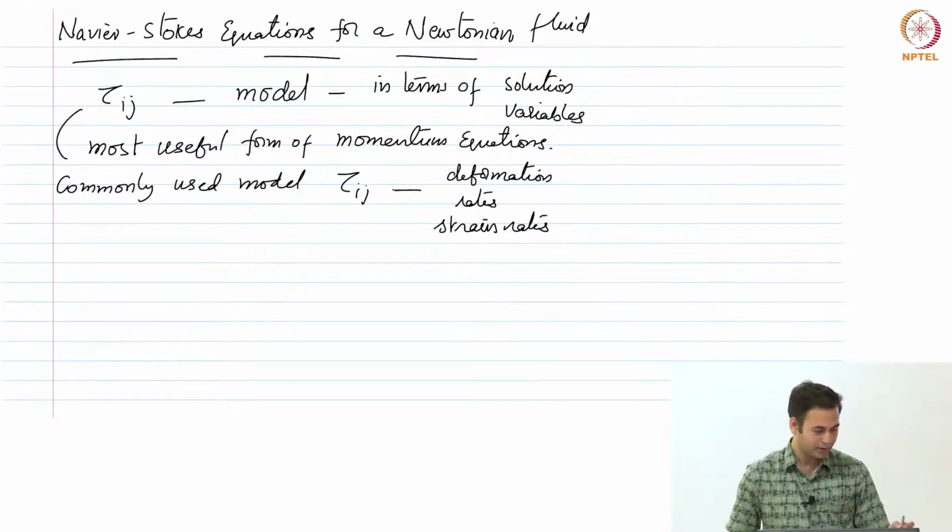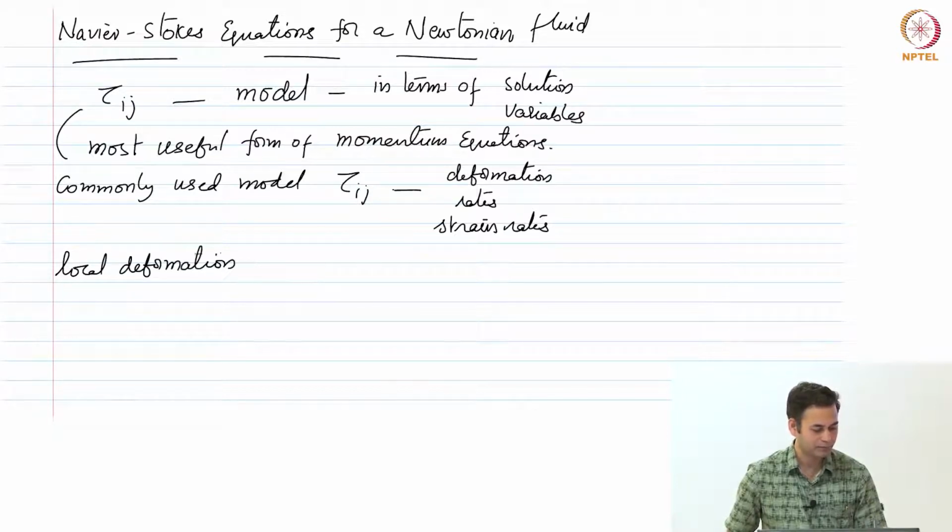So, the local deformation rate is composed of what? It's composed of linear deformations, right, shear deformations as well as volumetric deformations.